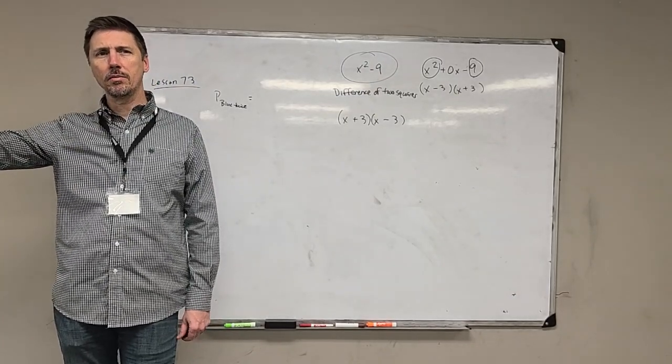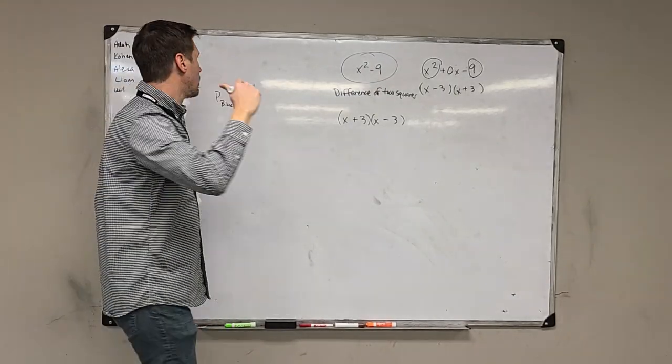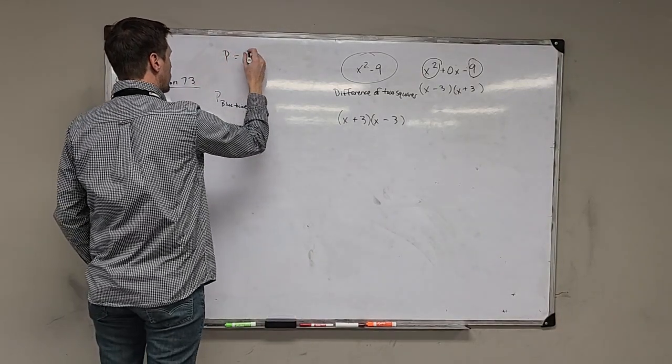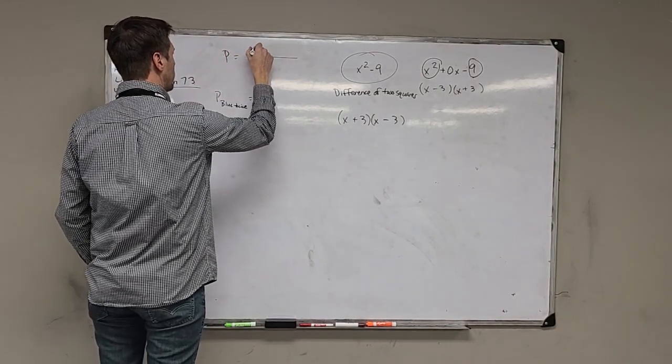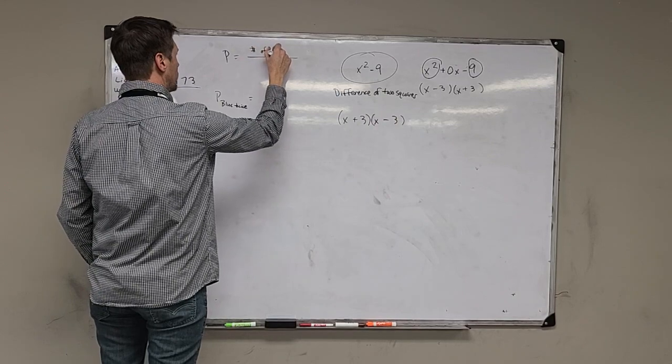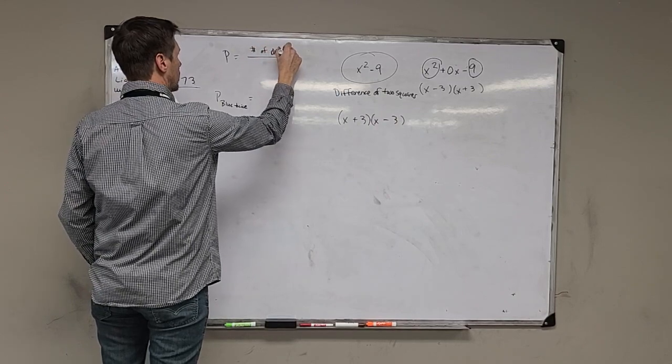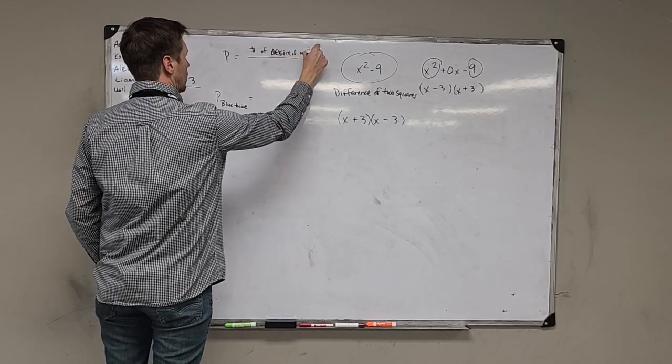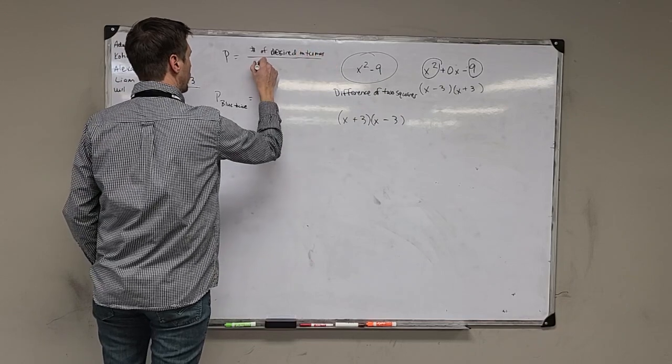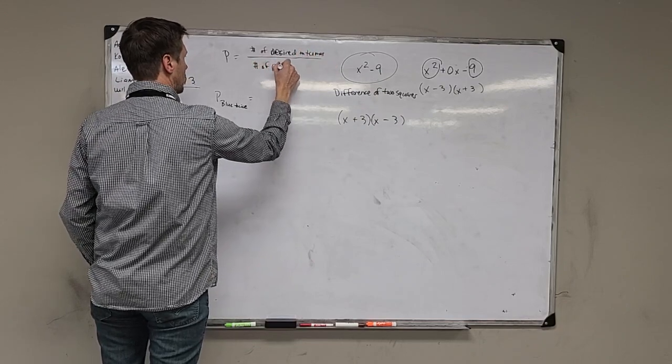How did we figure out that probability? Remember, for the single choice, probability is the number of desired outcomes divided by the number of possible outcomes.